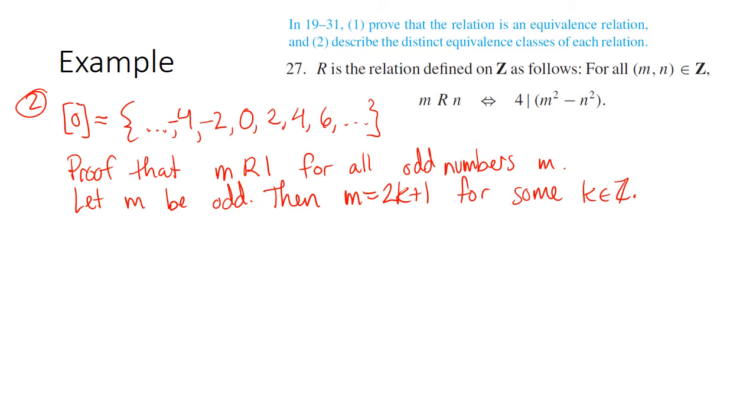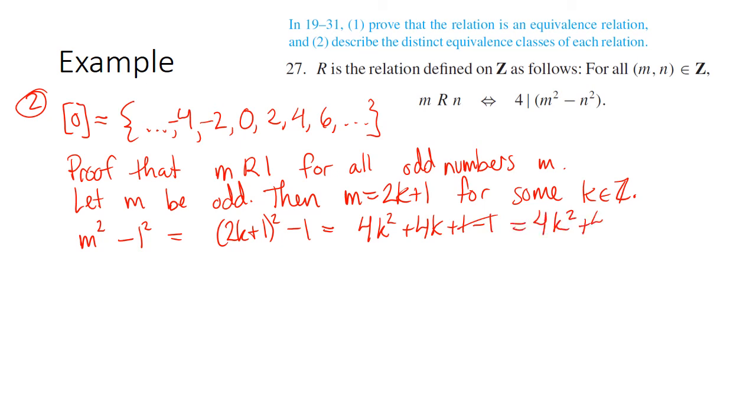So then m squared minus 1 squared would be equal to (2k plus 1) squared minus 1. So this will be 4k squared plus 4k plus 1 minus 1. So those are going to cancel. So you do get something that is divisible by 4. It's pretty obvious that's divisible by 4 because that's 4 times k squared plus k, and k is an integer, so k squared plus k will be an integer.